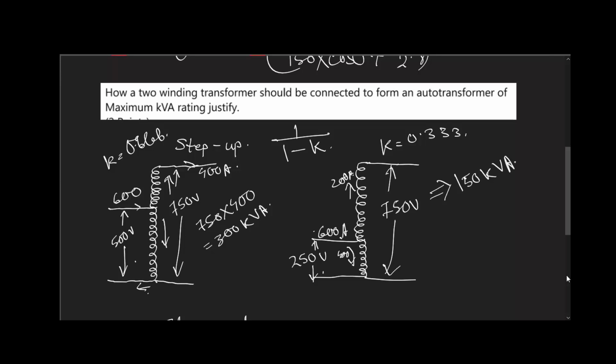So here it is very interesting to note that this case indicates what? Like K is equal to 0.666, and this gives us a ratio of what?